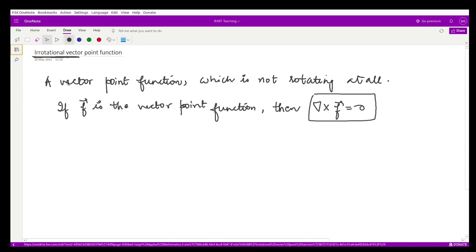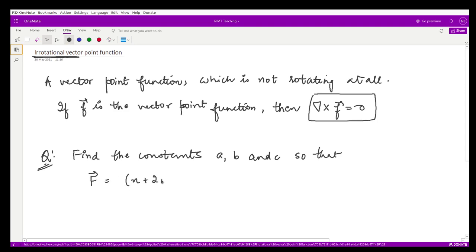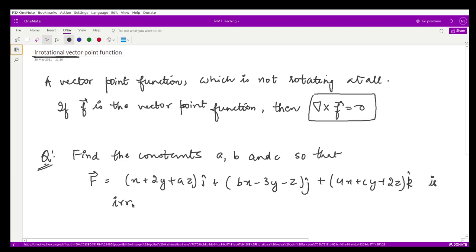Okay. So let me give you some examples here. Suppose we have this question: find the constants a, b and c such that the vector f, which is defined by x plus 2y plus az i cap, plus bx minus 3y minus z j cap, plus 4x plus cy plus 2z k cap, is irrotational.